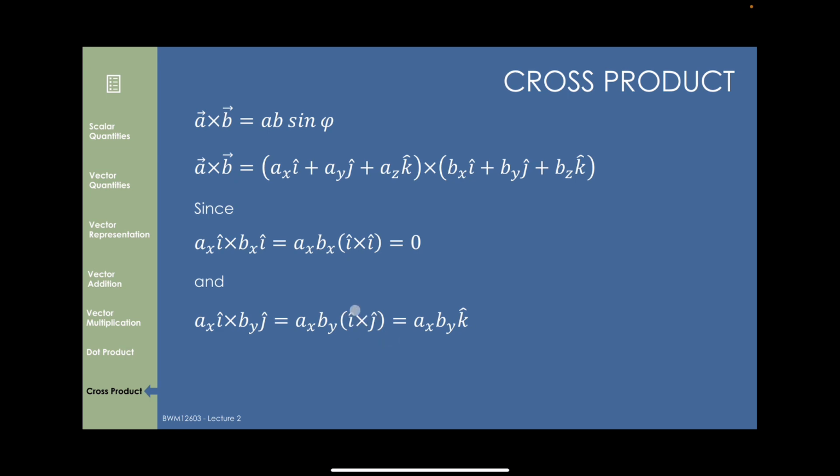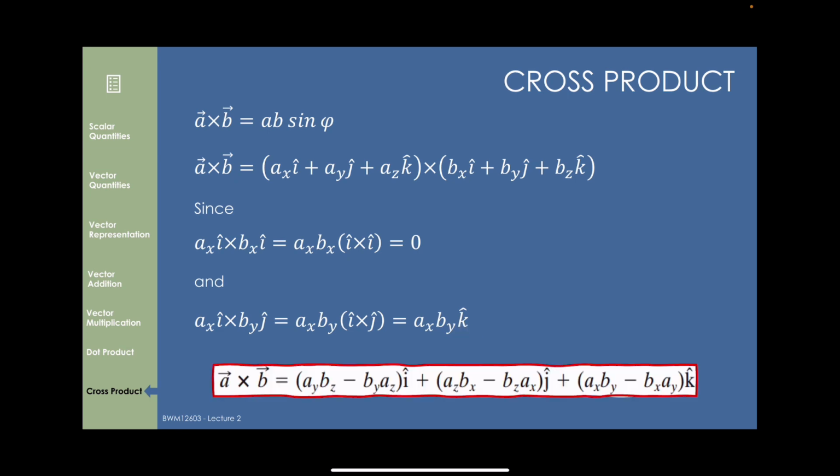That is why i cross j is equal to k, and our whole expression can be represented like this: vector a cross vector b is equal to (aybz minus byaz) i plus the second term along j plus third term along k. This we have found by multiplying all of them together.